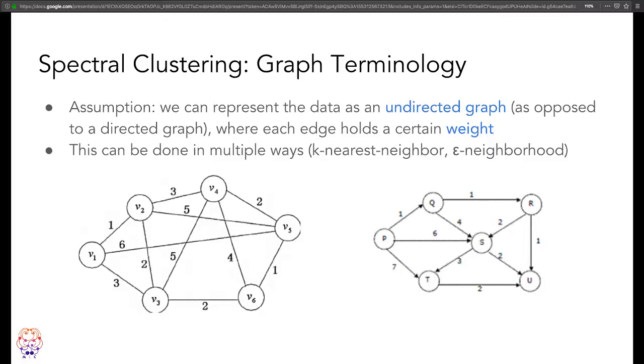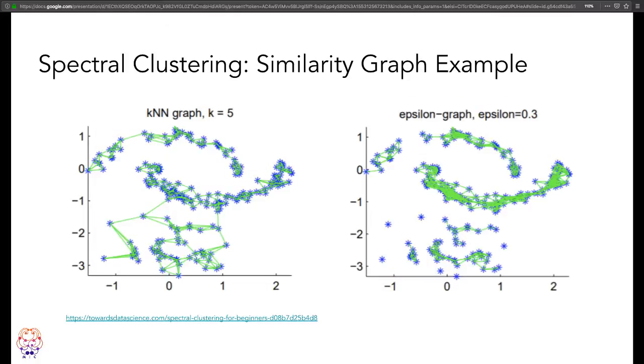Actually creating the graph in a meaningful way is called a similarity graph, and there are a bunch of ways to do that. I'm going to talk about two of them, k-nearest neighbor and epsilon neighborhood, but what we're trying to do is create a graph of our data that's somewhat symbolic of how the data is represented, or how the groupings in the data work. So two examples. On the left, the k-nearest neighbor graph.